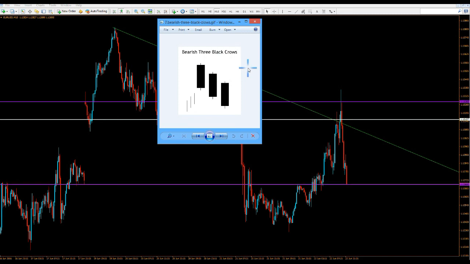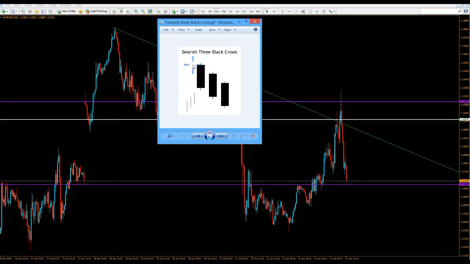So the last one, number 7, is just 3 consecutive black steps or stairs. Like a ladder, 3 black candlesticks, 3 bearish candlesticks all going down.